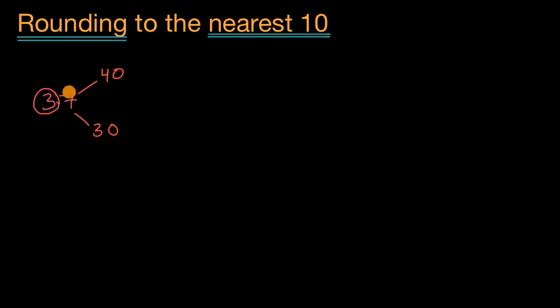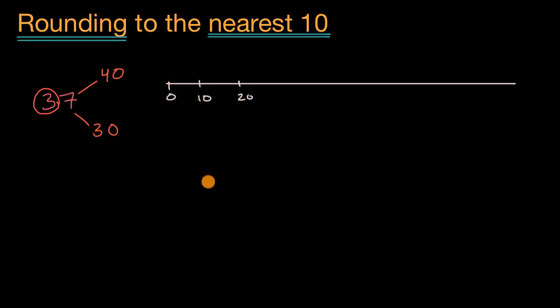But how do we know whether 37 rounded to the nearest 10 is going to be 30 or 40? Well, to answer that question, let's first just do it visually on a number line, and then we can come up with some rules for ourselves. First of all, let's just count by tens and make sure we include 30 and 40. So if we start at 0, 10, 20, actually let me have a little bit more space because I want to see the interesting things that are going to go on. 0, 10, 20, 30, 40, that's enough, but I could just go to 50 to complete this number line.